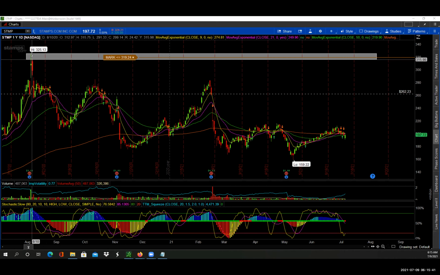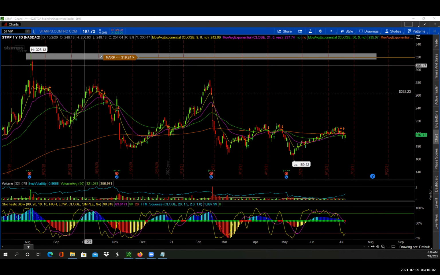Yeah, so if we break under this level here, you can do 319.24, or if you want to be a little patient, you can wait for 315.90 and grab some puts here because we approached a supply zone, and the rule of thumb is that you trade it below or you trade it above.